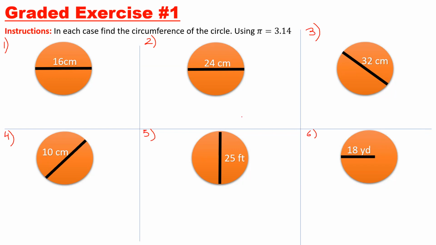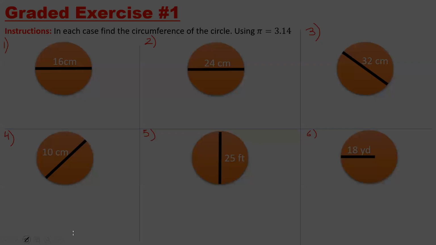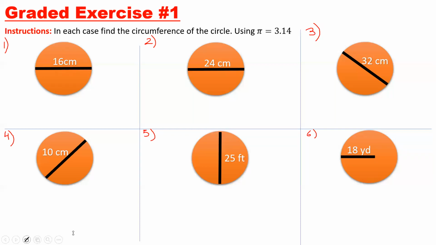And Dion, what number are you on? I'm finished. I sent everything to you already. Okay, good. And Dornick, what number are you on? Number 5. Dwayne, what number are you on? Where's Dwayne? Dwayne, what number are you on? Number 2. Okay.